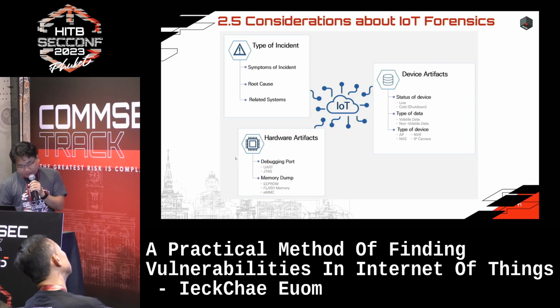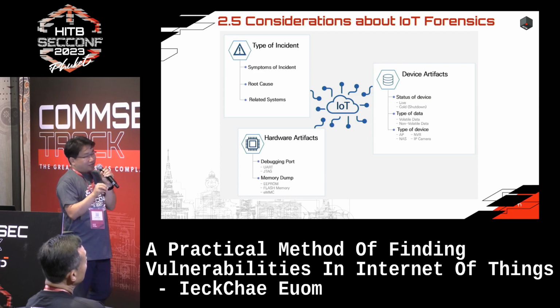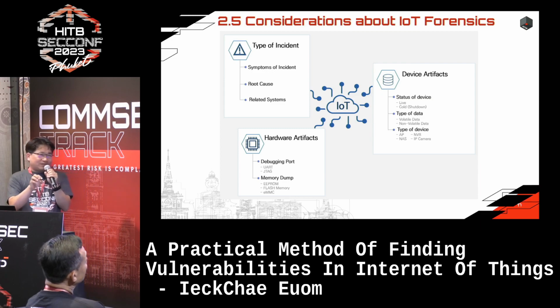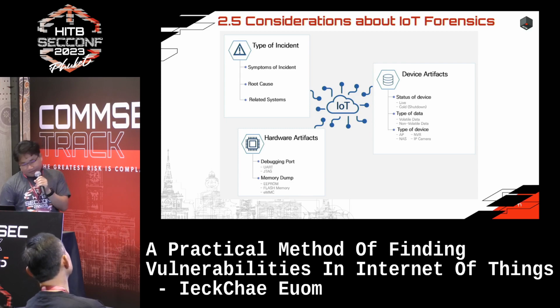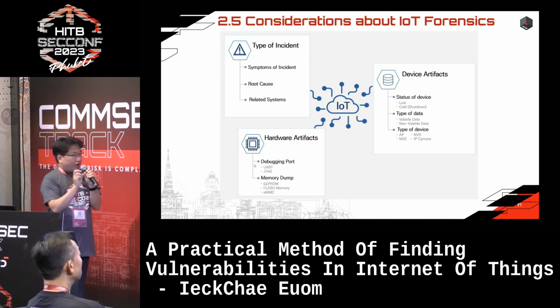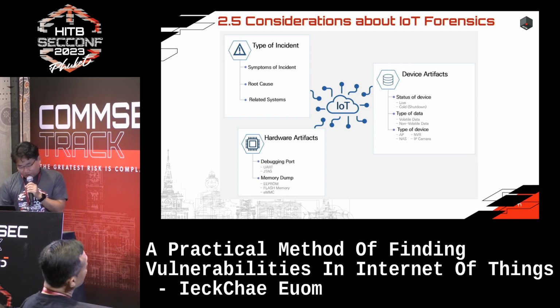So this is a hardware artifact of the device. We look for the debugging port, like JTAG or UART, but nowadays most JTAG ports are protected by the manufacturer, so it's not easy to find the JTAG port, and it's very hard to extract the debugging information. Then from the memory dump, RAM or EPROM, and the eMMC data port, we can extract more information.